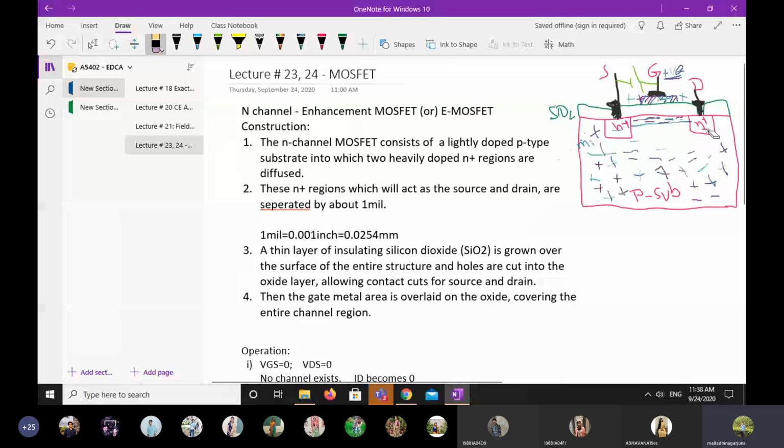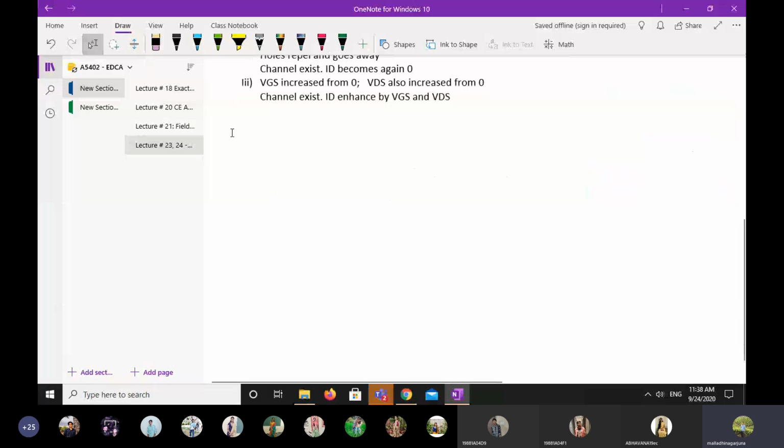Okay, so now coming to the characteristics, let us draw the characteristics based on this. Static characteristics. The first point: ID is a function of VGS, VDS.